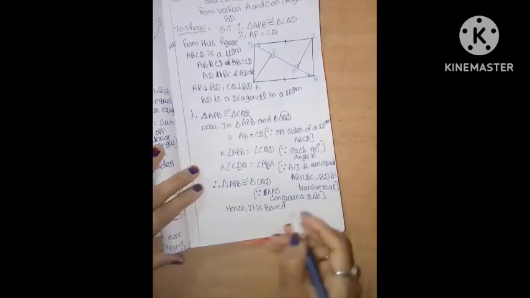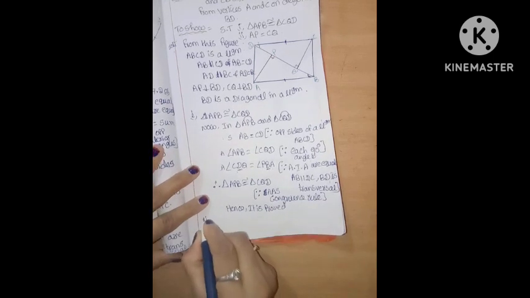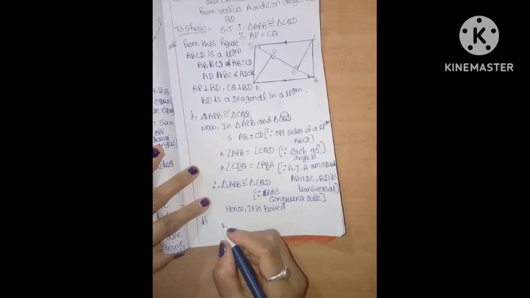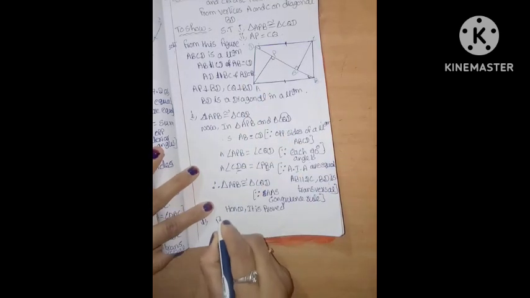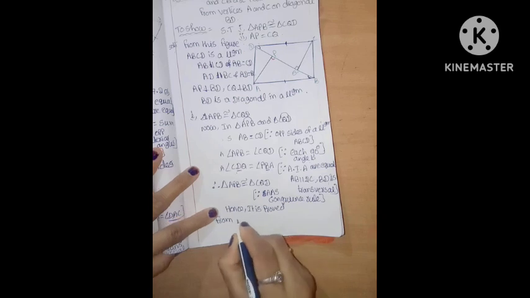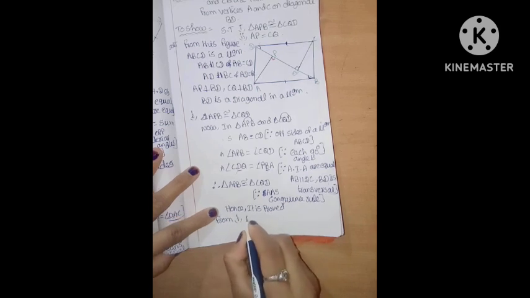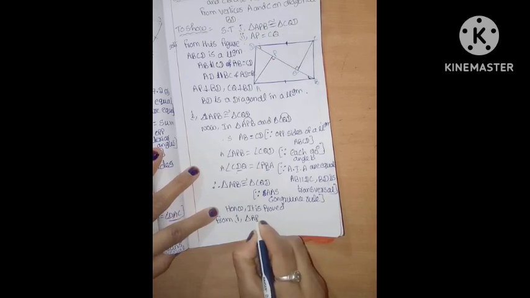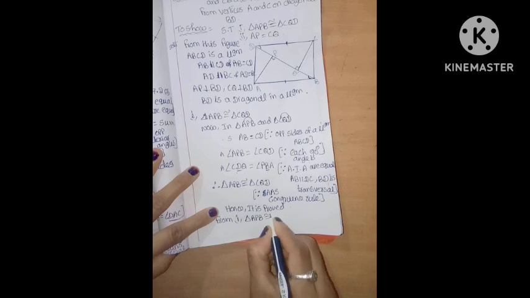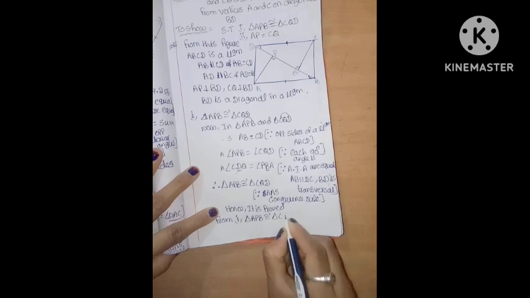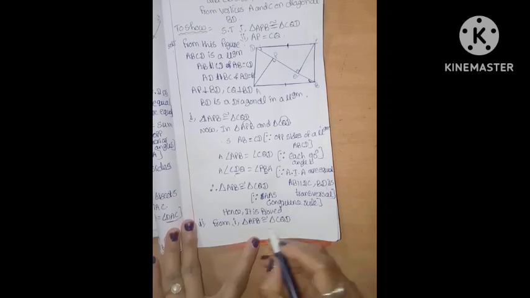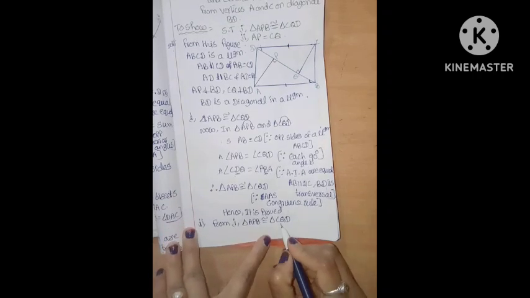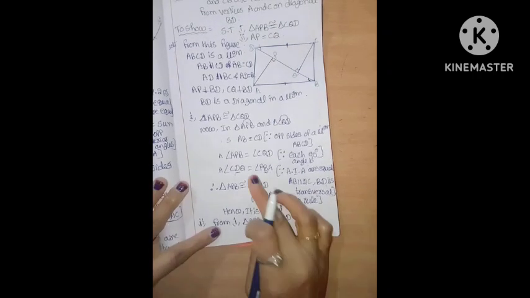Next, we'll go to the second question. What's the second one? AP equals CQ. We have to show that. The second question follows from question number 1: triangle APB is congruent to triangle CQD. These two triangles are congruent, already proved in the first question.